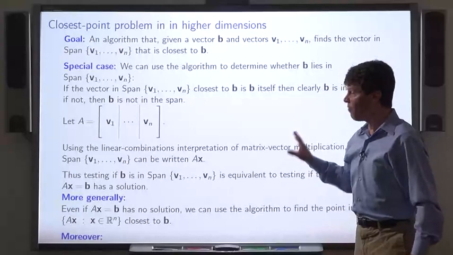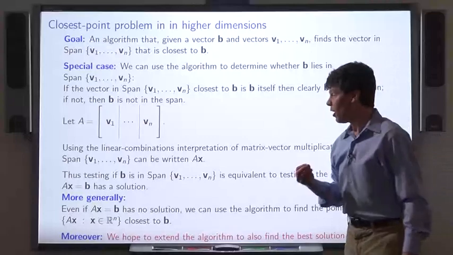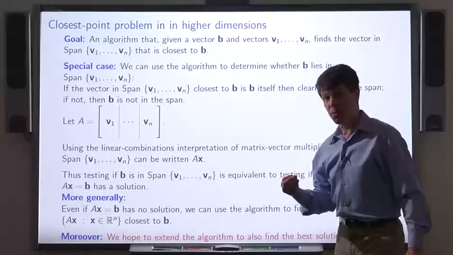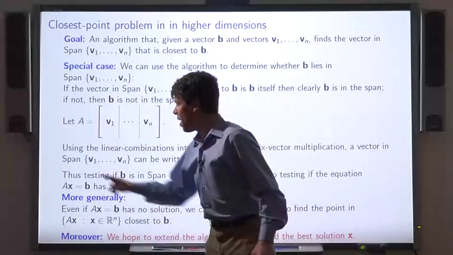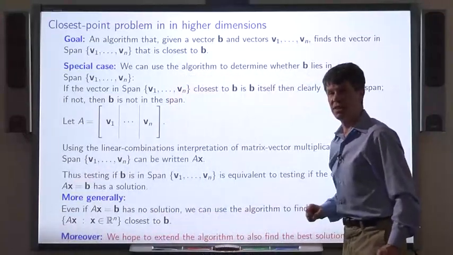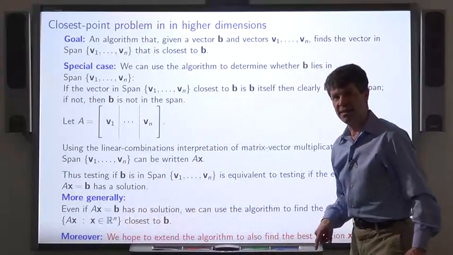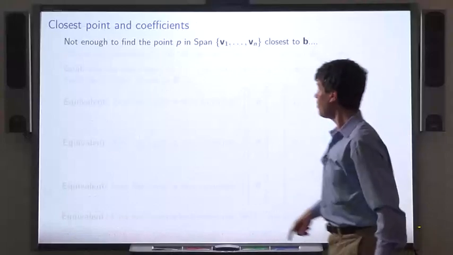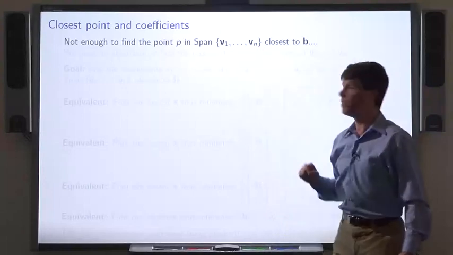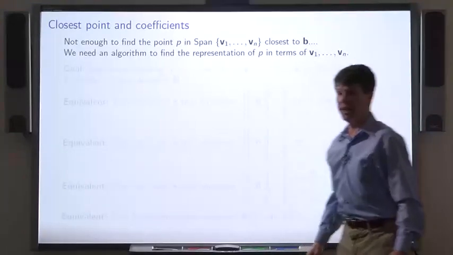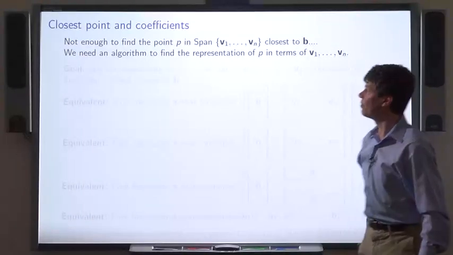So far we've just discussed finding the point itself, but we also want to find out how to express it as a linear combination of v1 through vn. That is, we want to find the vector x that solves this equation, or that minimizes the distance between Ax and B. It's not enough to find the point in the span of these vectors that's closest to B. We want to find the representation of that point in terms of those vectors.